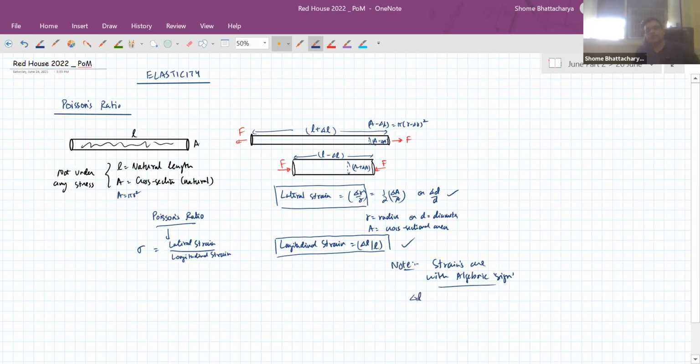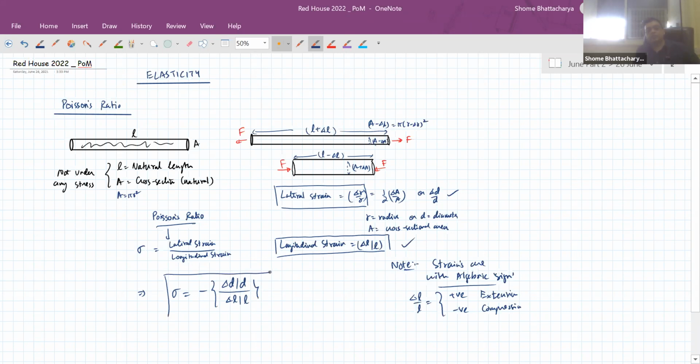So delta L by L will be positive for an extension and negative for a compression. So in that case, this is defined as the negative of the lateral strain divided by the longitudinal strain.